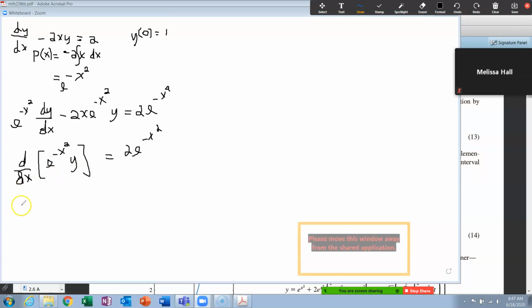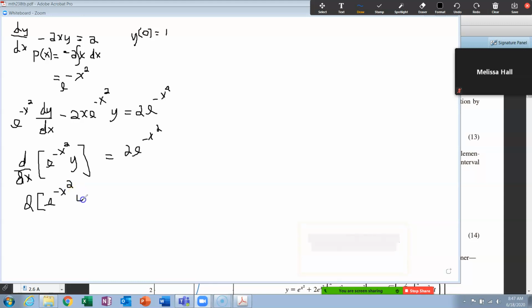Well, we write this in differential form. And, yeah, let's do that first. This is d of e to the minus x squared y. That's why I don't like arrow functions. There's so much to write in them. And there's more yet to come. Okay.